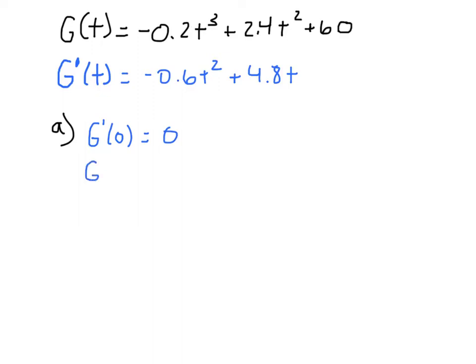When you plug in a 1, you get negative 0.6 plus 4.8. That works out to be 4.2. G prime at 2 works out to be 7.2. G prime of 3 is 9.